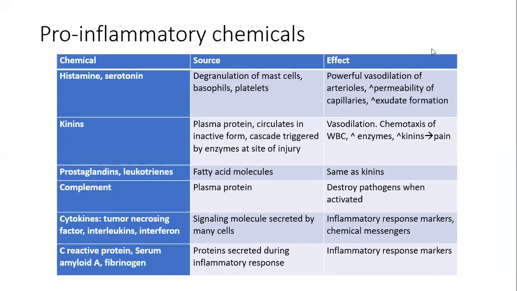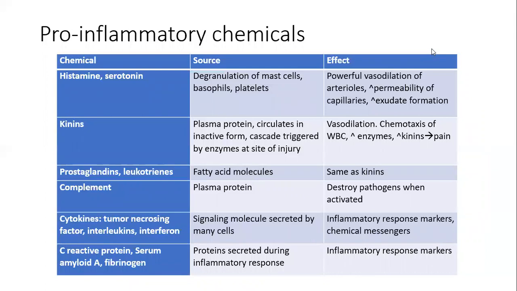Kinins are plasma proteins that circulate in an active form like we talked about, and then the cascade is triggered by enzymes at the site of injury, and they are also vasodilators and are chemotactic agents, and they also work with prostaglandins to result in pain at the site of injury. So prostaglandins and leukotrienes are fatty acid molecules, and they pretty much do the same thing as kinins. Complement, we talked about, it's composed of plasma proteins, and it destroys pathogens when activated.